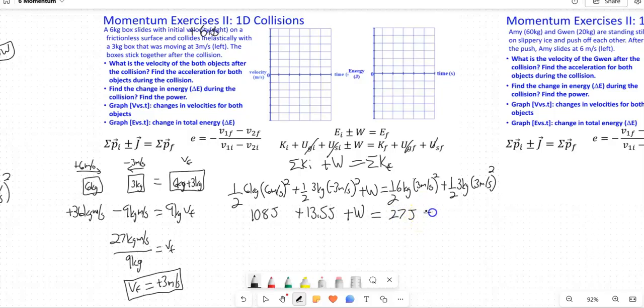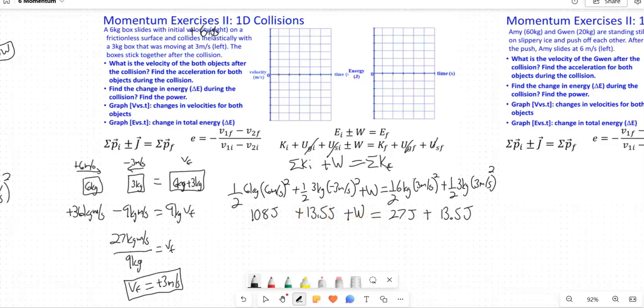And this is going to be 9 times 3 divided by 2, which is just 13.5. I already know what that number is. 13.5 joules. Its initial velocity is negative 3. Its final velocity is positive 3. So that's kind of funny.